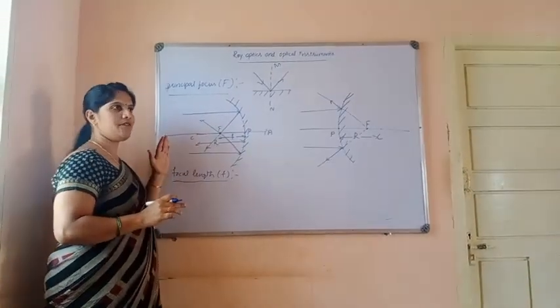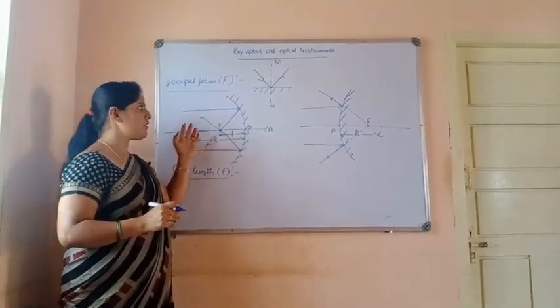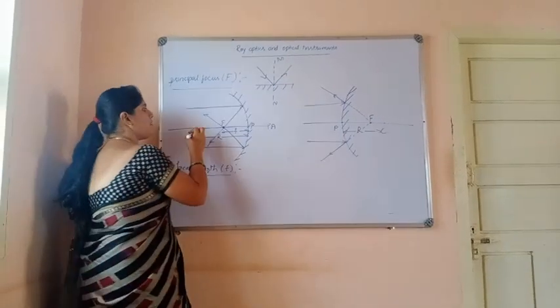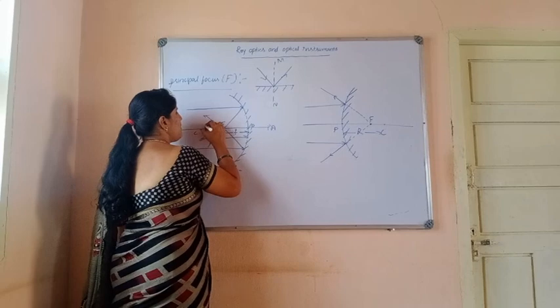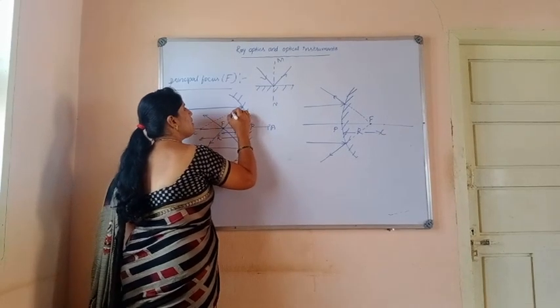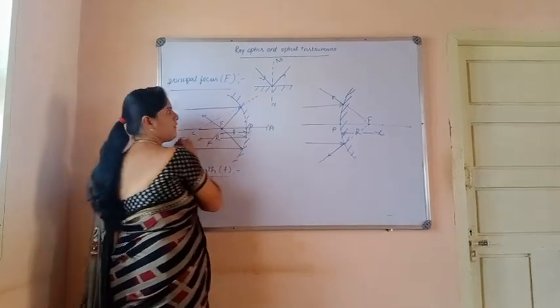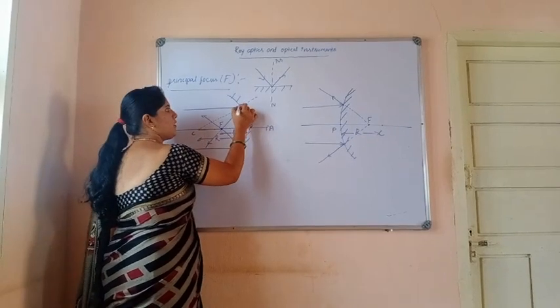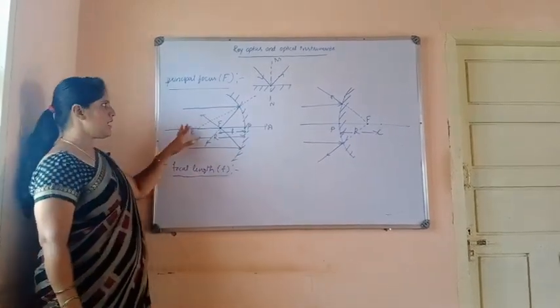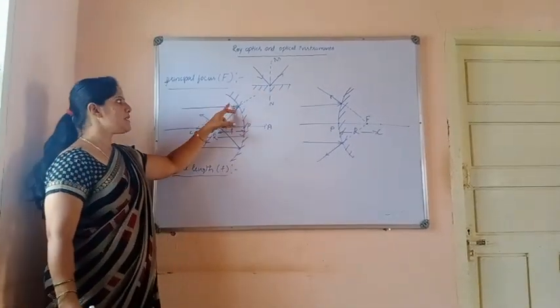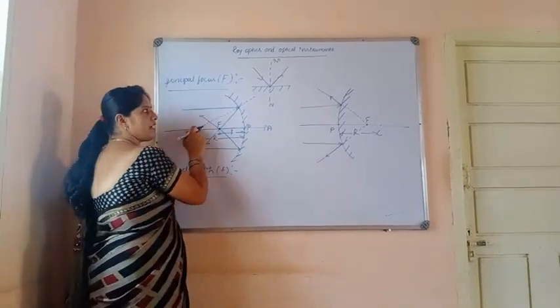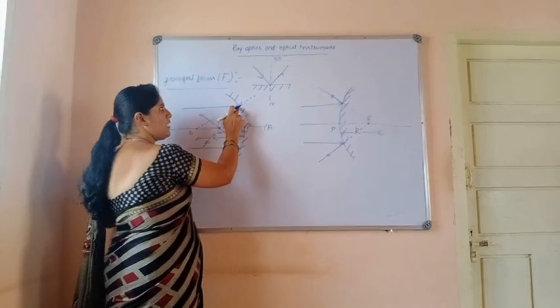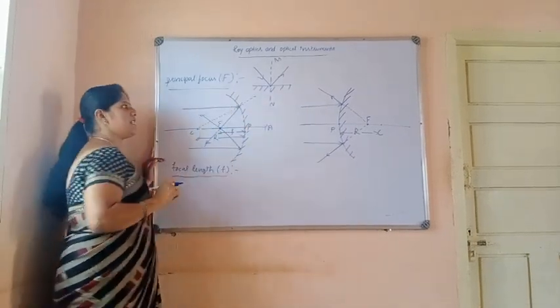We have to draw the normal line from the center of curvature to the point of incidence. This is the normal line for the spherical surface.